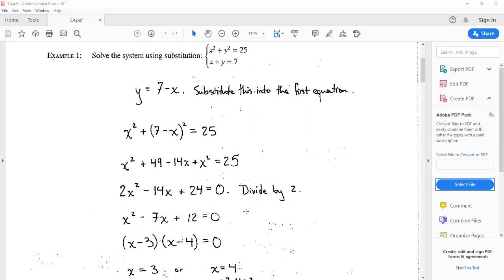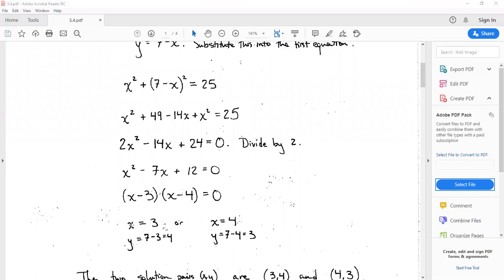Now I believe this factors. Two numbers whose product is 12 but whose sum is minus 7 are minus 3 and minus 4. So we get that x equals 3, or x equals 4.